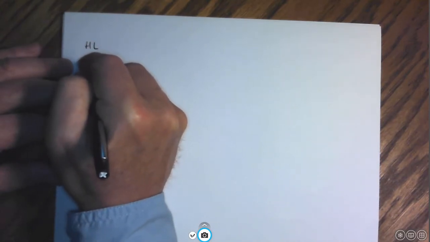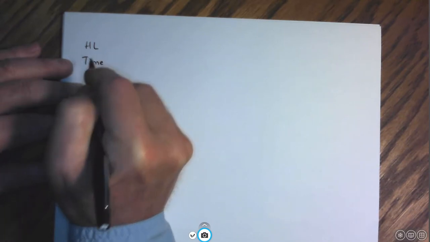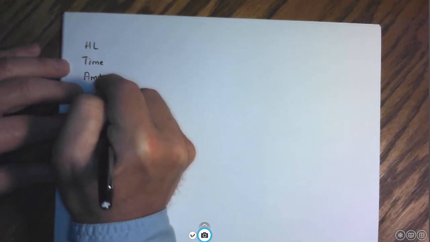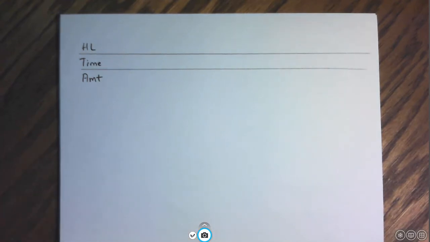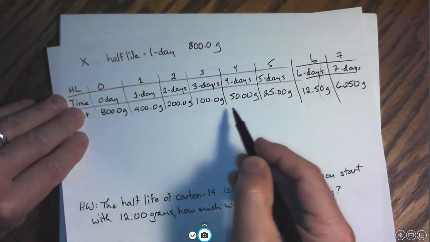I'm going to have a row for time. And I'm going to have a row for the amount. Okay? Since this isn't really a table, you can put, like I did yesterday, your units of measurement in the cells.